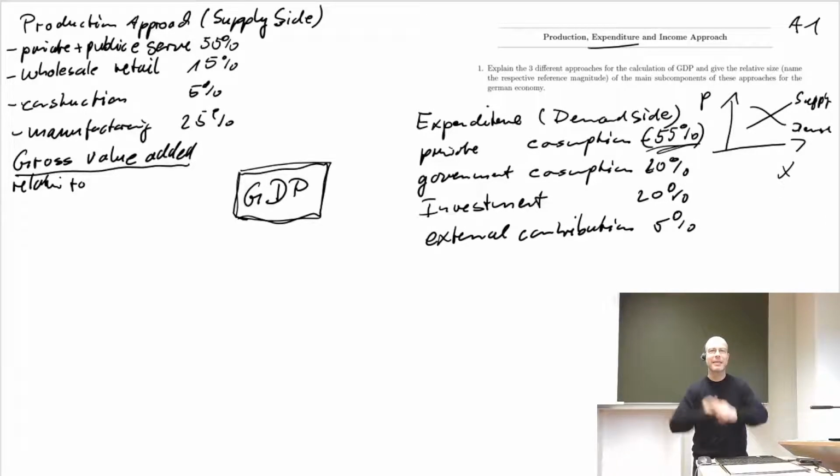So if you then take the actual number of 2021 and you write down 50%, that is also fine for me. Okay?